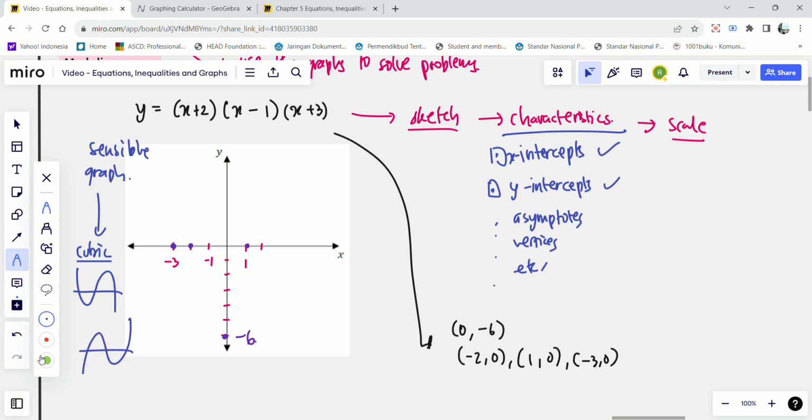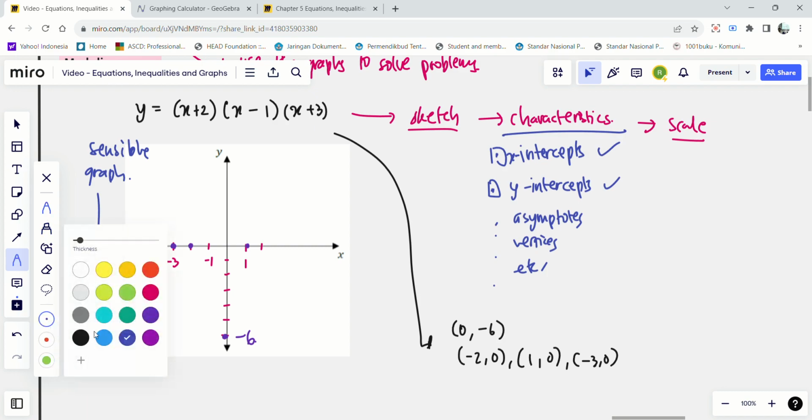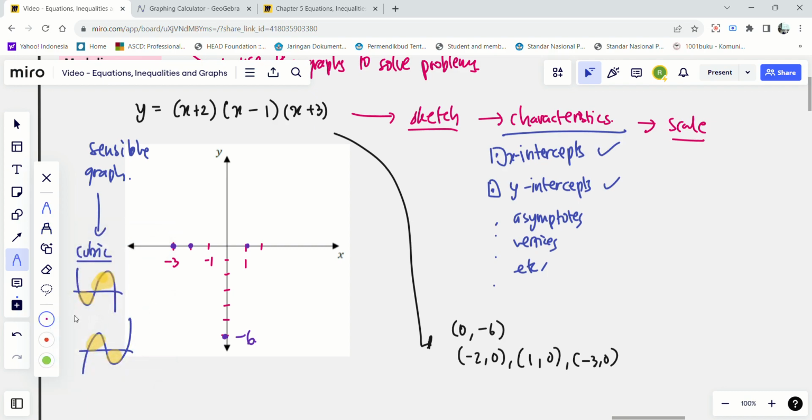So you make sure that this part, this part and this part, these kind of four sections, are all kind of symmetrical. I'll teach you by demonstration what I mean by sensible.